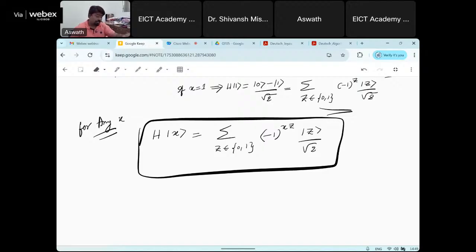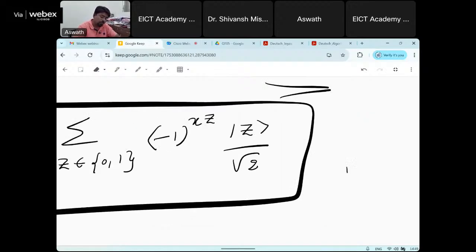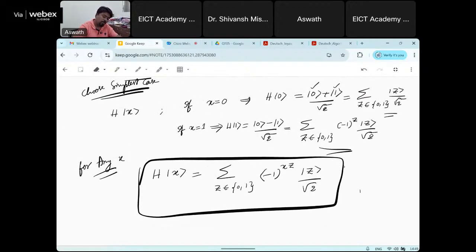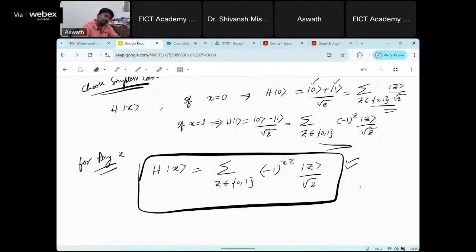If you want to cross check whether this form is right or wrong, let's choose x equal to 0. Minus 1 to the power of 0 times z, so the minus is not coming into the picture, and the first case is coming. These two things will be the outputs.